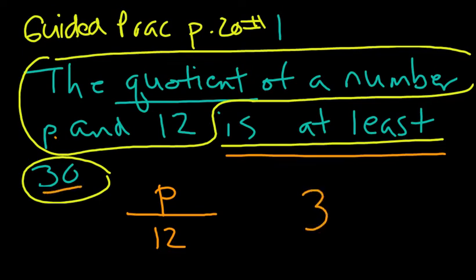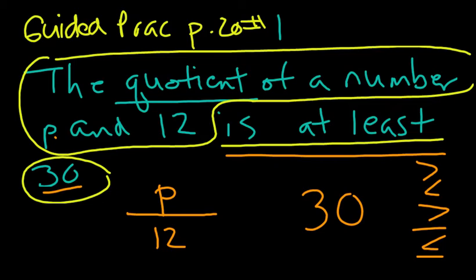So there's 30. Now all we have to decide is which sign are we going to put in there. It says the quotient of p and 12 is at least 30. Can it be bigger than 30? Yes. It's at the very smallest. It's at least 30. Can it be equal to 30? Yes.